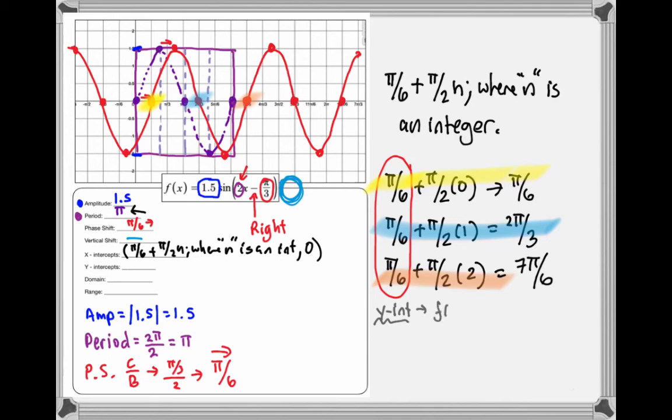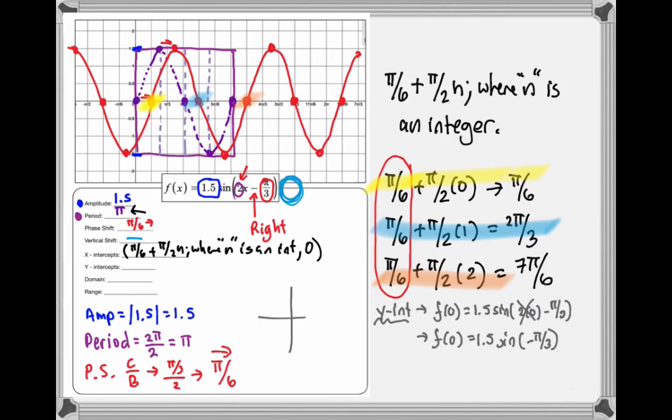So f of 0 equals 1.5 sine of 2 times 0 minus pi over 3. Cleaning this up, this is going to cancel out, and I end up with 1.5 sine of negative pi over 3.